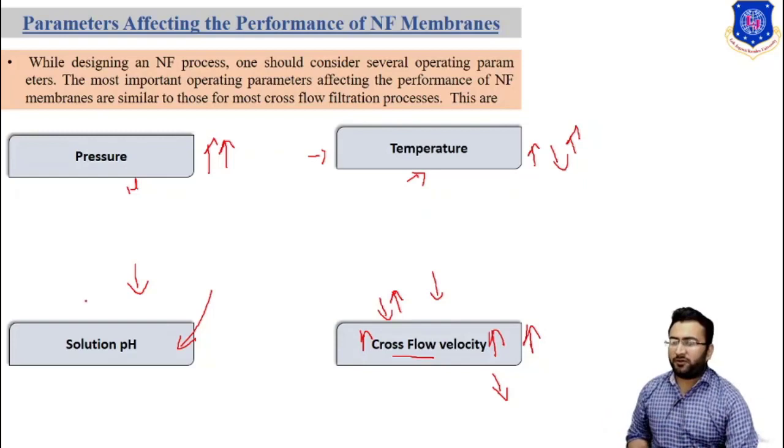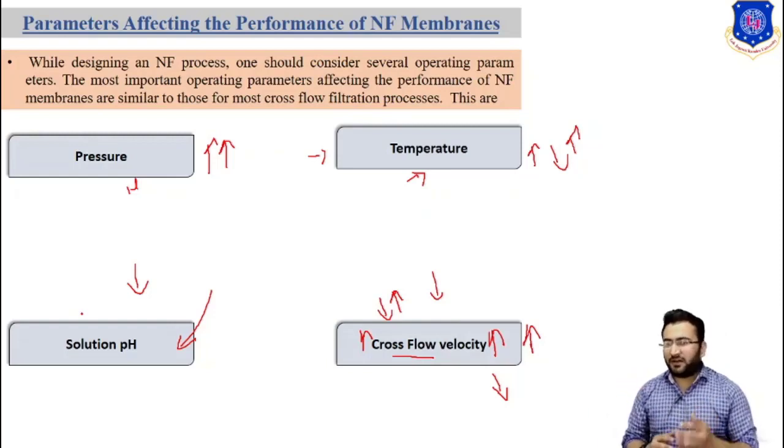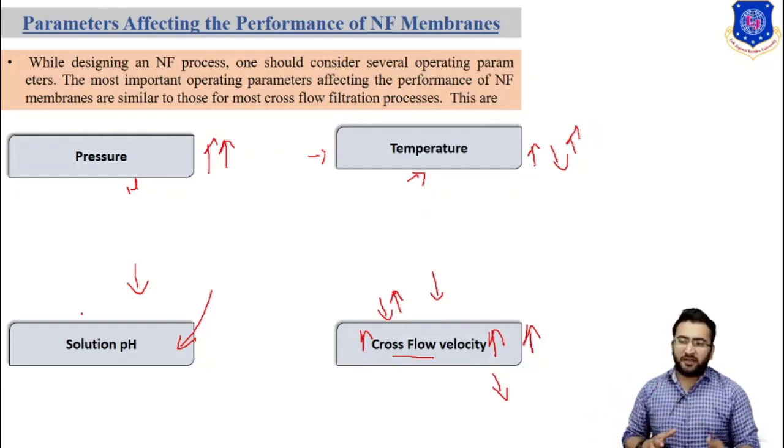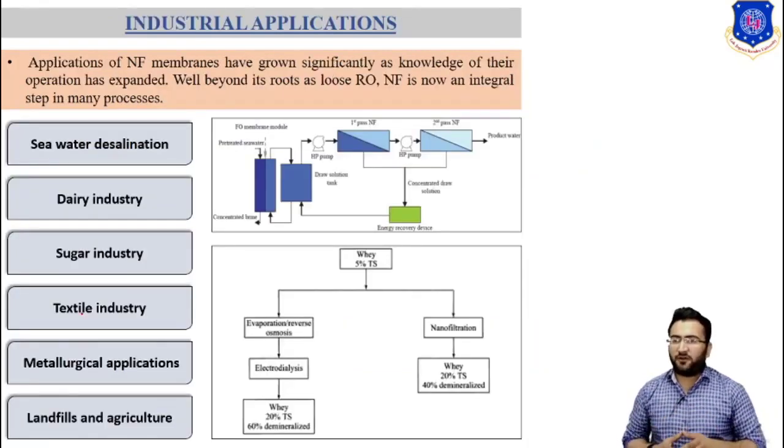So if we use very low or very high pH, it will affect the surface of the nanofiltration membrane, and we cannot get separation of charged solute, which makes nanofiltration unique compared to other membrane separation processes. So this is all about the various parameters which affect the performance of nanofiltration.